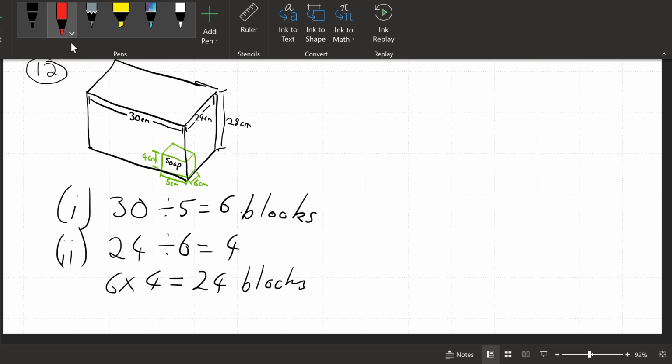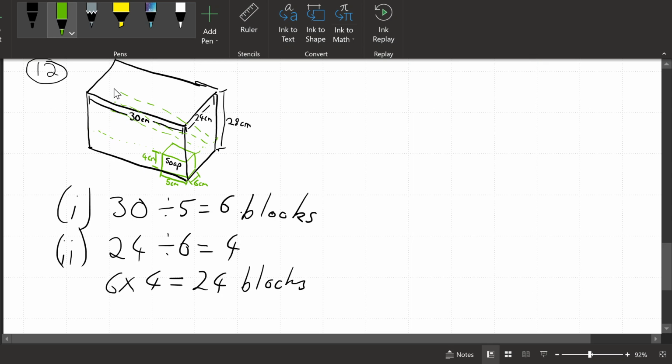So the idea here is that if we were to keep having more and more soap boxes, well, we'd end up with kind of a row, 4 rows all along the bottom of this. And each row would have 1, 2, 3, 4, 5, 6 soap blocks. Okay.